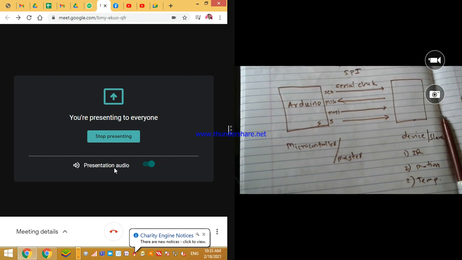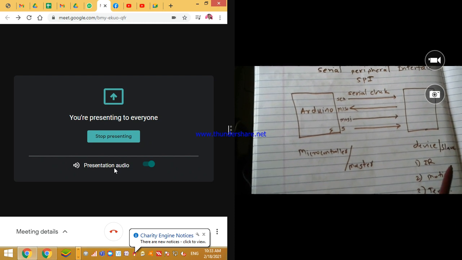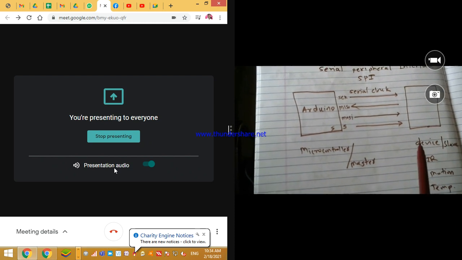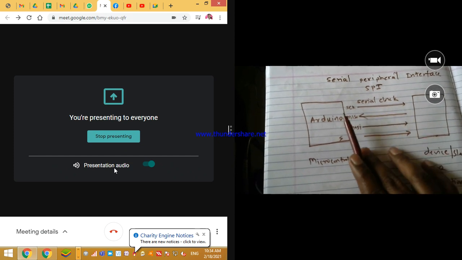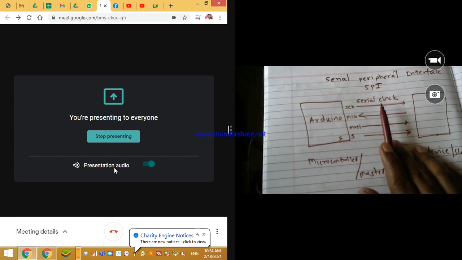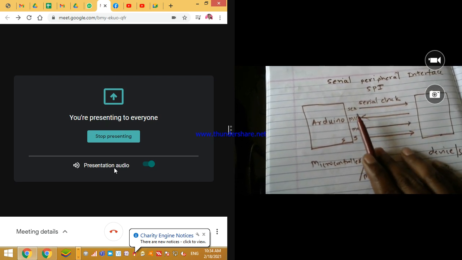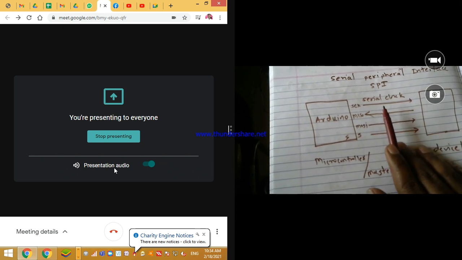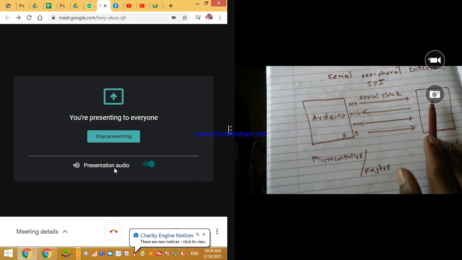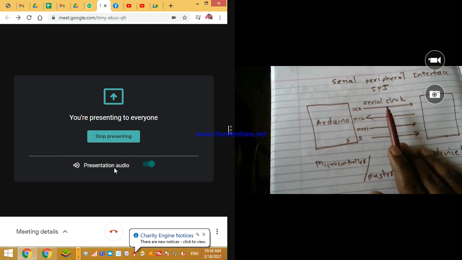So that's why this is called the master and this device is termed the slave. The first line is the serial clock. The line is a kind of wire, and through that wire clock signals are passed to this device, and those clock signals are in the form of digital waves.